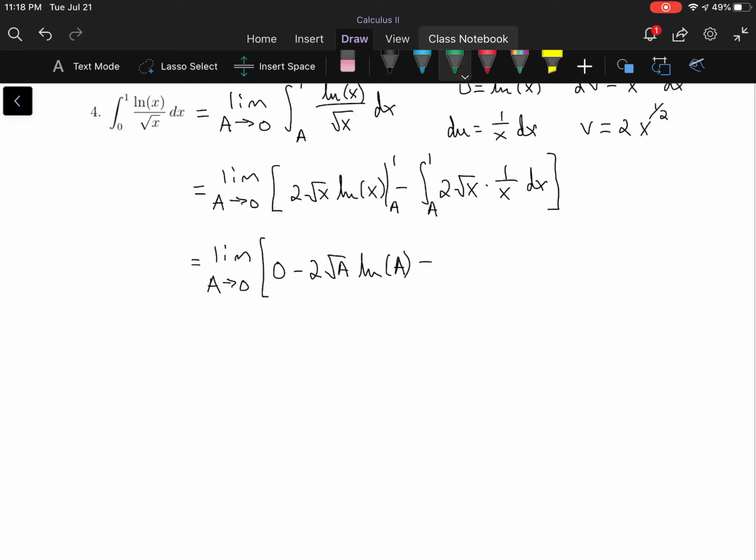So let me make a note that this is x to the negative 1/2. That's how that simplifies. And that's what we're integrating, which is going to be 2 times root x. And you still have the 2 constant up front, so this is going to be 4 root x, which we are evaluating from a to 1.